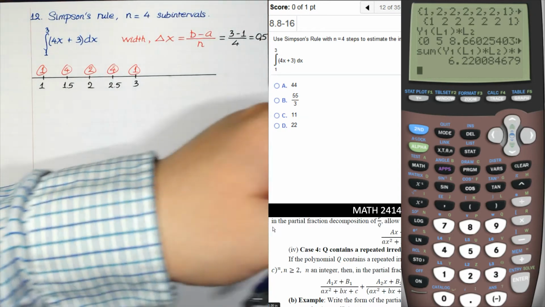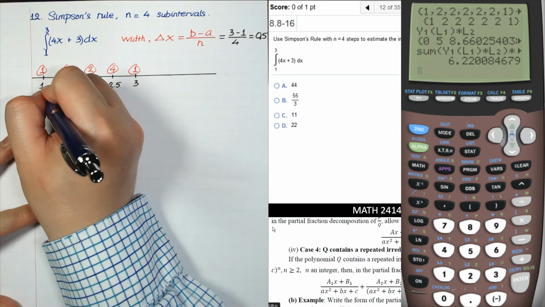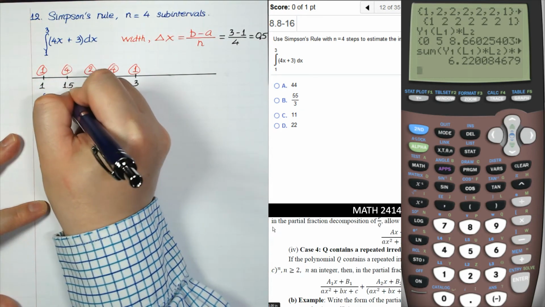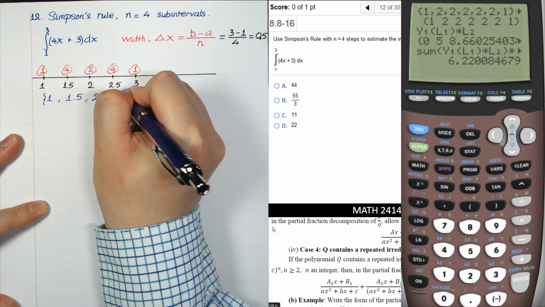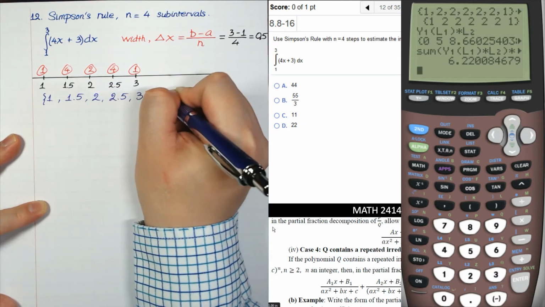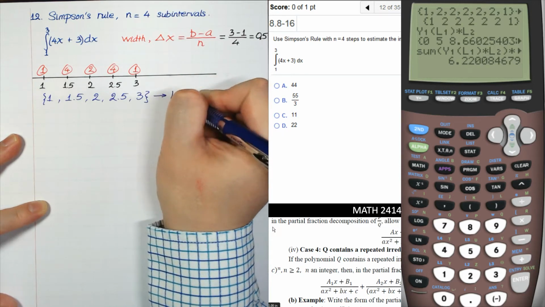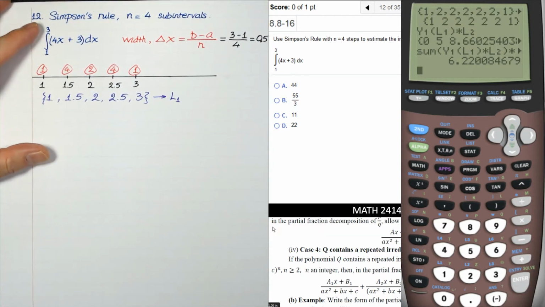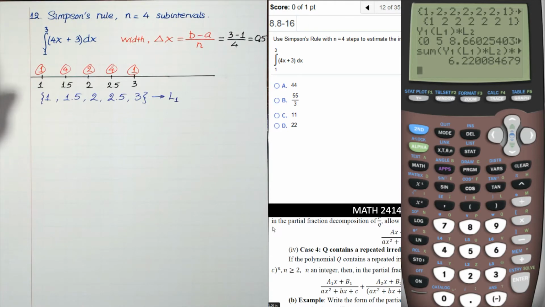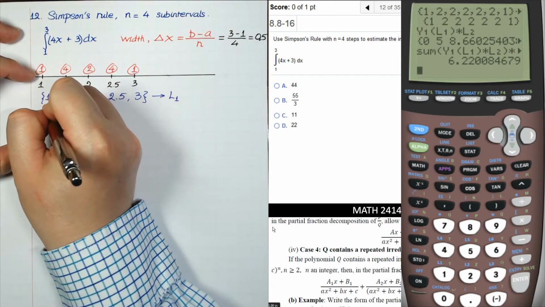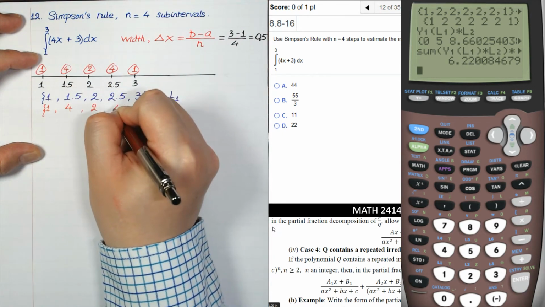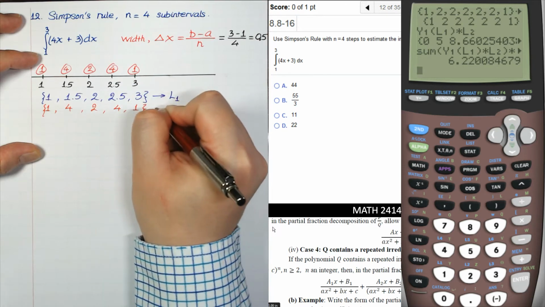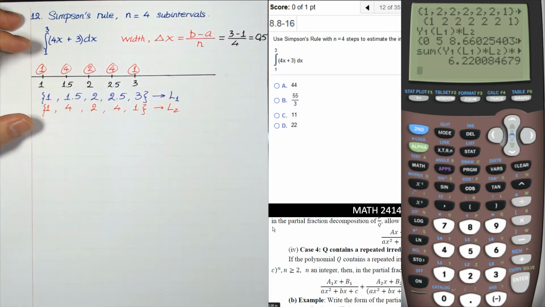Right, and all we do is just store the numbers on the list. 1, 1.5, 2, 2.5, 3, store to list 1. And then the coefficients: 1, 4, 2, 4, 1, list 2.